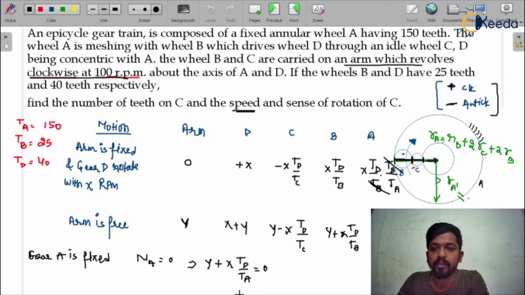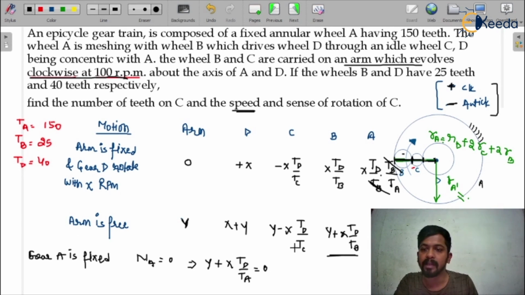I hope you will understand. If the question asks for the speed of the gear B, you just have to calculate. This is the speed of the gear B, and this is the speed of the gear C. And if it asks to find the speed of the gear D, you can also calculate. So whatever question is asked, you are able to solve it.